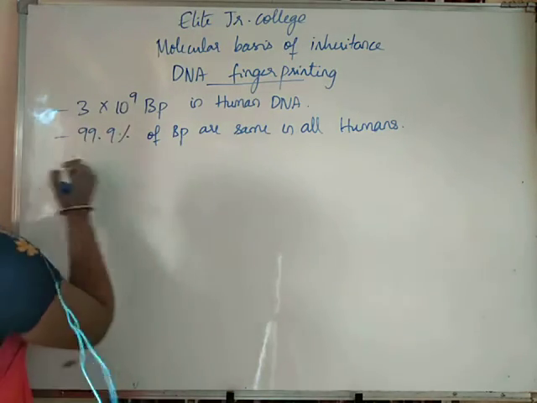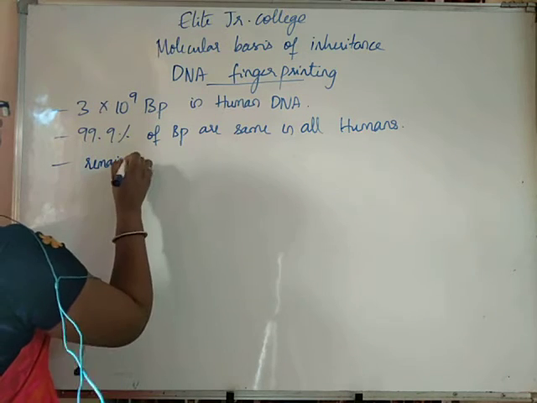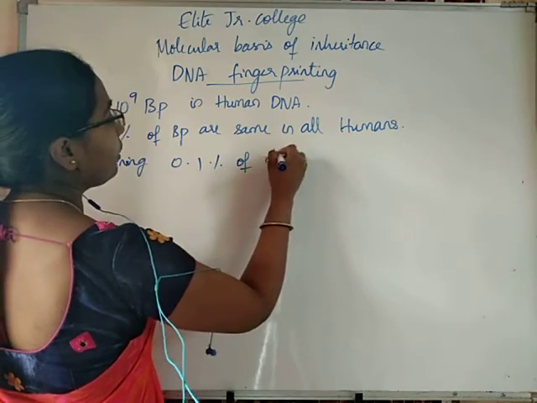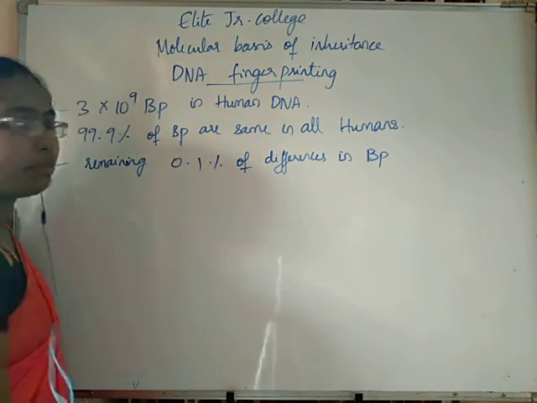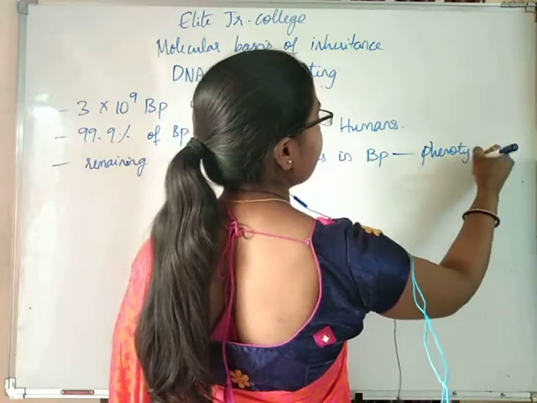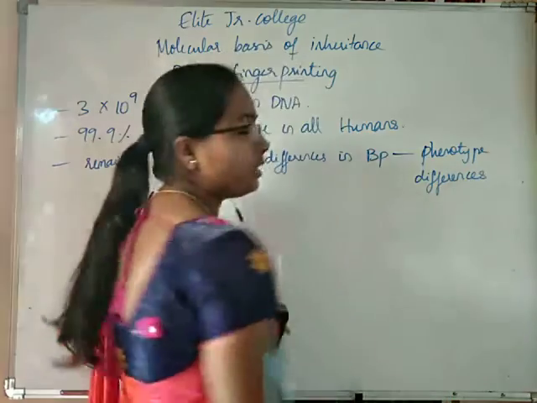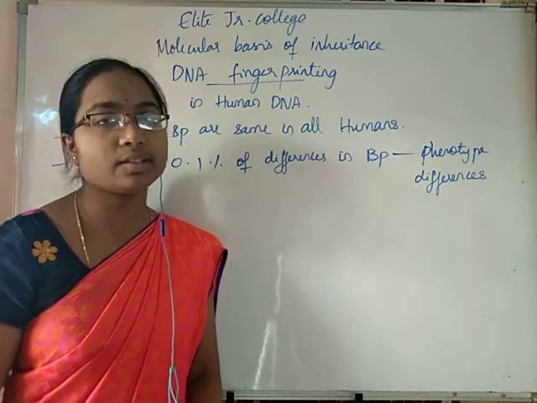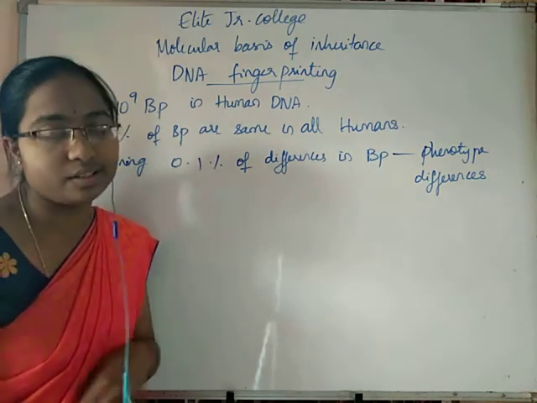So this remaining 0.1 percentage of differences in the base pairs is responsible for causing the phenotypic differences in the human beings.